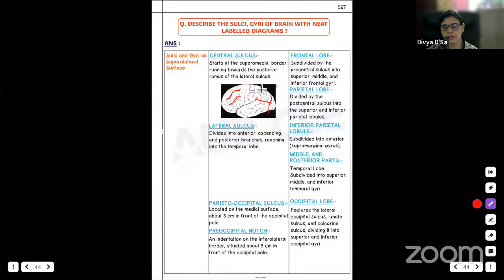In the parietal lobe, behind the central sulcus, this is the postcentral gyrus and the postcentral sulcus. Behind the postcentral sulcus, there will be an interparietal sulcus, which divides the parietal lobe into the superior parietal lobule and the inferior parietal lobule.